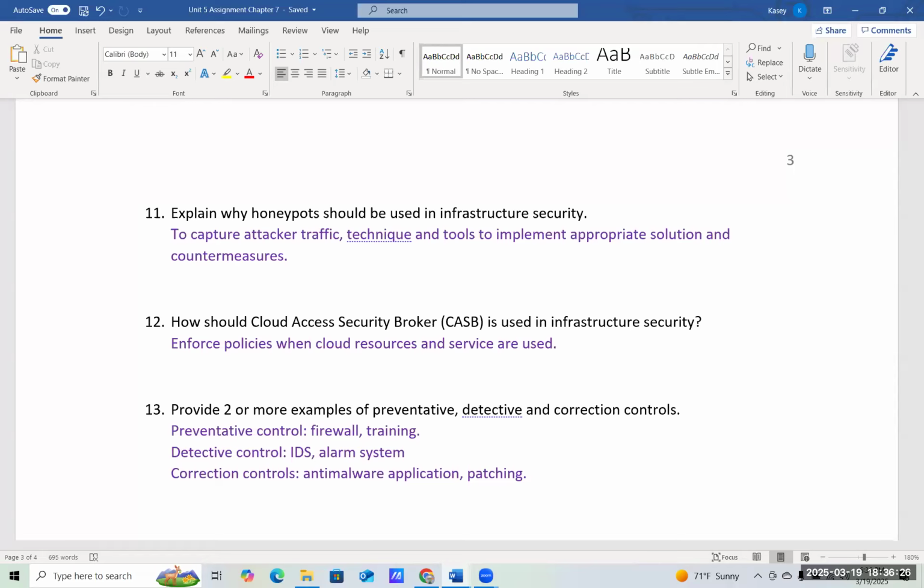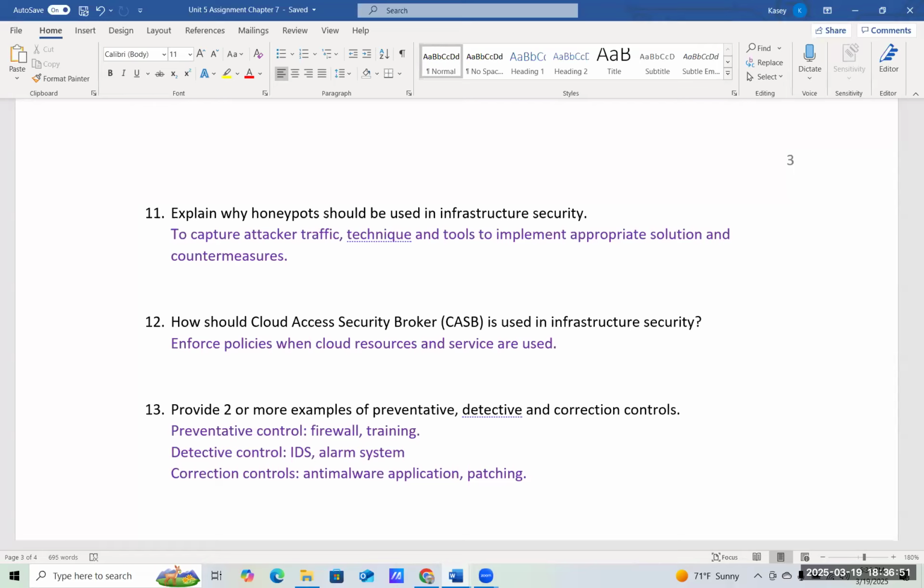Alarm system, right? Someone is breaking into the building, so that's impacting the physical security. But detective control can also be your security software detecting a malware, right? So there are many examples in this area that you would see. So you can add more to it if you like.